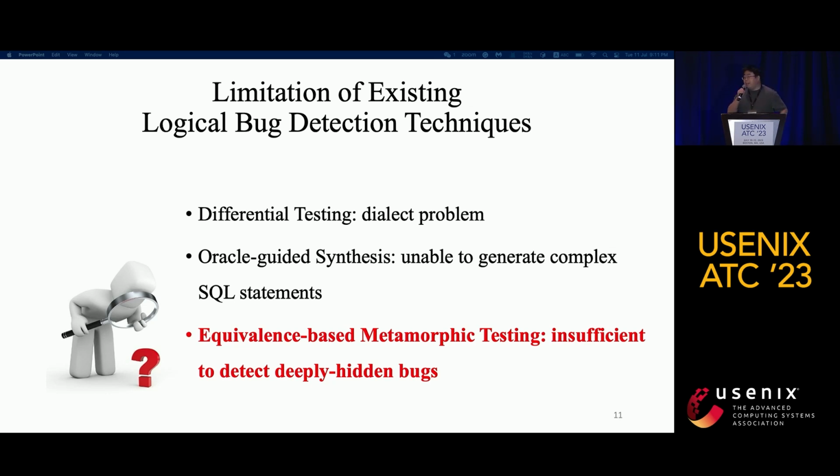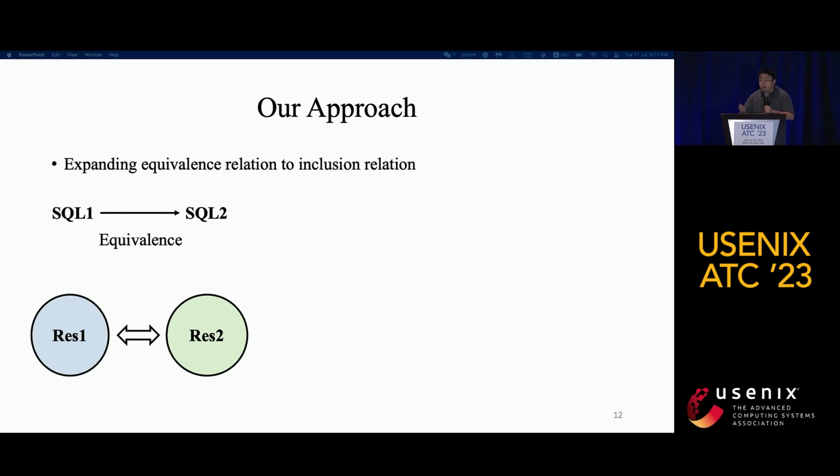And although metamorphic testing can avoid these previous two issues, the equivalence-based approaches are not powerful enough to detect deeply hidden bugs. So in our work, we propose an advanced version of metamorphic testing, which generalizes the equivalence relation to another kind of relation.